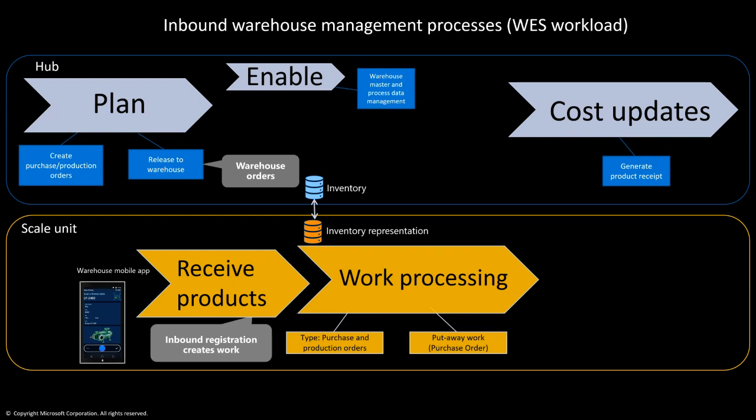So you receive and put away these goods within the warehouse. Once that putaway process is complete, an automatic synchronization is triggered for the finalization of the cost updates to those orders. In my example, I'll have a purchase order, I will receive it, and I will put it away, and then that will generate the synchronization for the final posting of product receipts, and the receiving of the vendor invoices will all get posted on the hub unit.